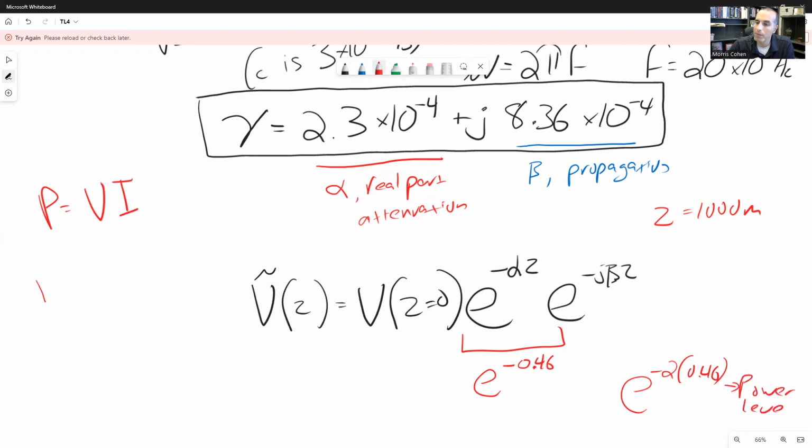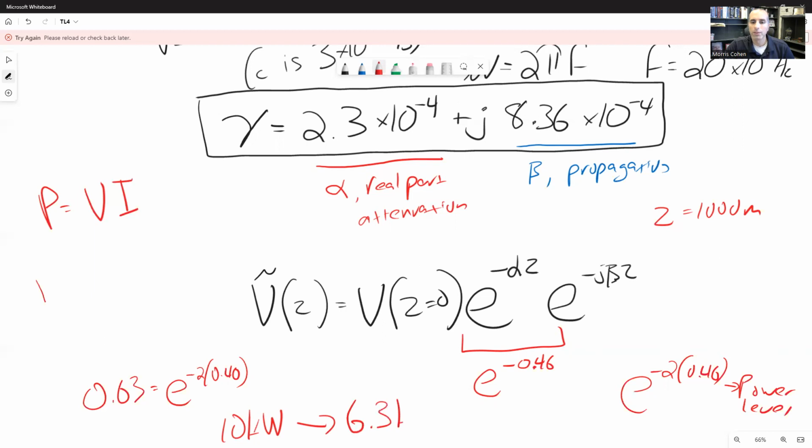That's the power level as a function of z, and that works out to be about 0.63. So let's take 0.63 and multiply that by the 10 kilowatts that we started with. So 10 kilowatts will become about 6.3 kilowatts.